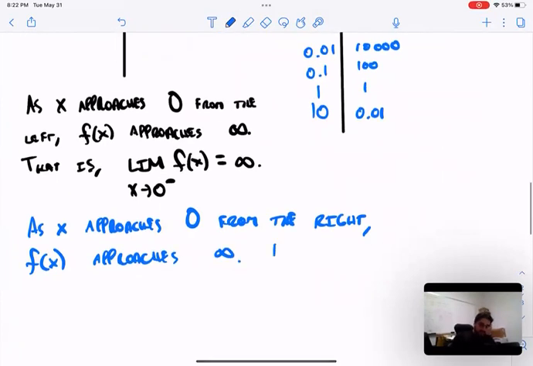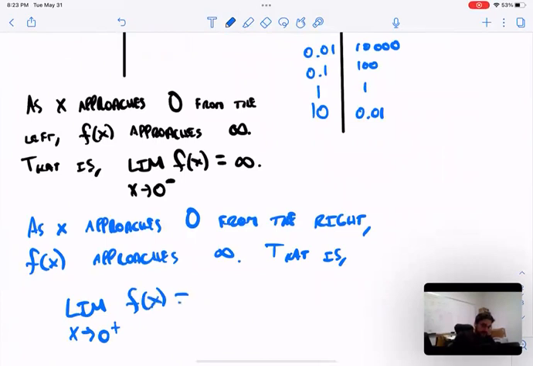And if I want to write it in our symbols instead of words, I could again say that the limit as x approaches 0 from the right of f of x is infinity. So translating words to symbols, I have a very similar result as before. Now, look at this. The left and right hand limits matched. They're both positive infinity. The L in this case would be positive infinity.